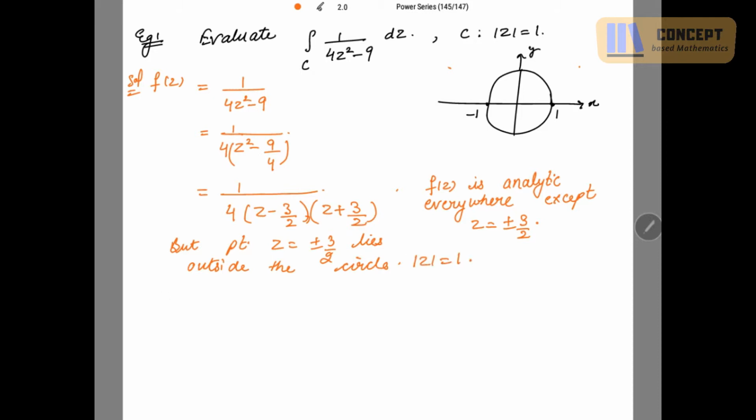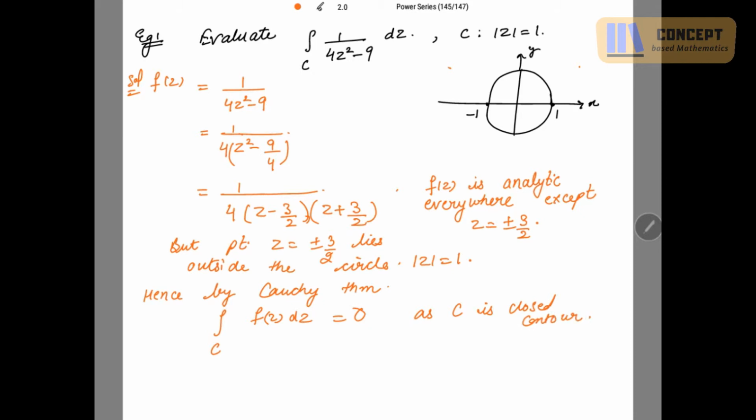Hence, by Cauchy's theorem, the integral over C of f of z dz is 0, as C is a closed contour. This is what Cauchy's theorem says.